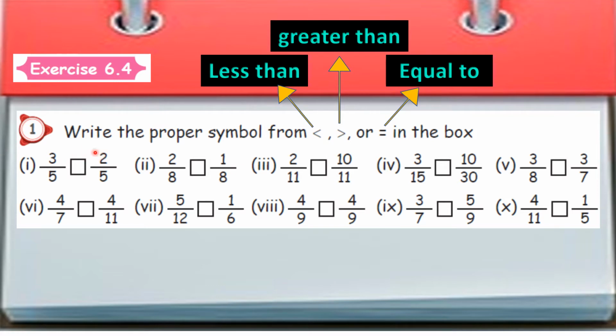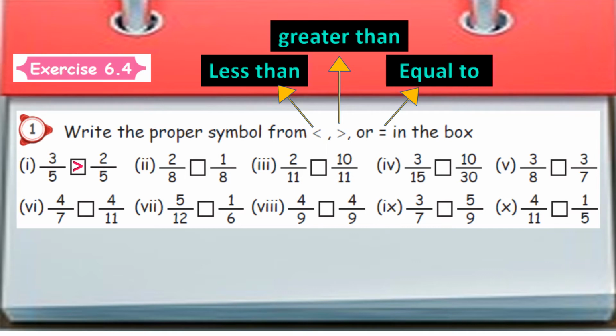These two numerators only we have to focus on. If the denominators are the same, then as usual, whichever number is greater, open the symbol to that side. That's it. 3 by 5 is the greater, isn't it? 3 is the greater number among 3 and 2. So just open the symbol towards 3 by 5.